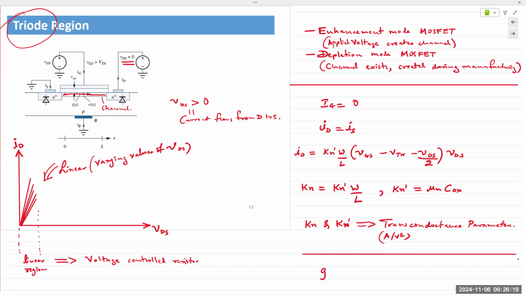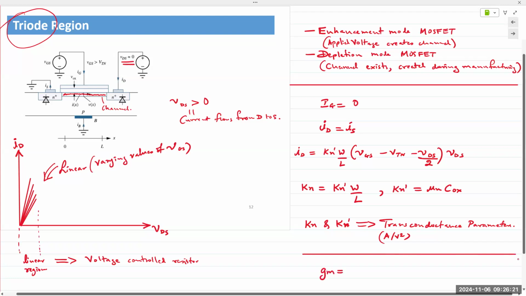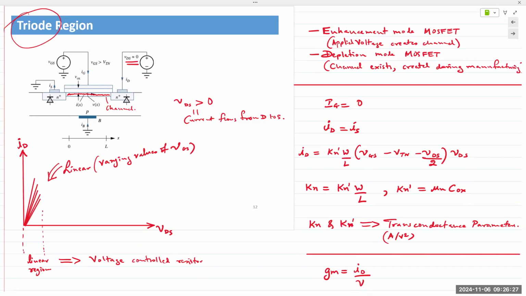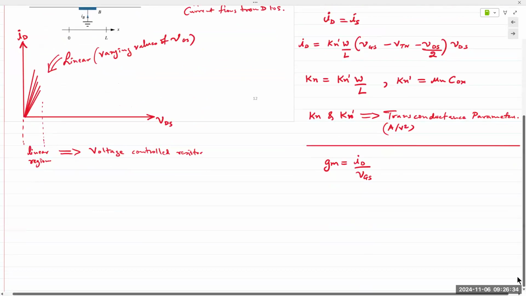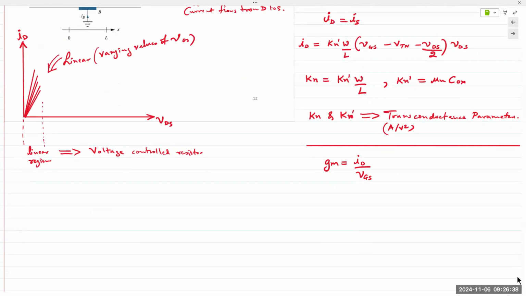Transconductance gm is ID over VGS, sorry, ID over VGS. It relates the input voltage and the output current, hence transconductance. Transfer characteristics, transconductance.